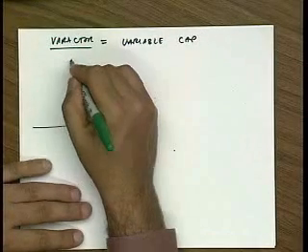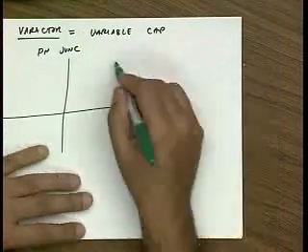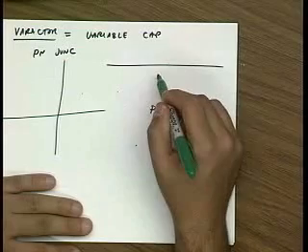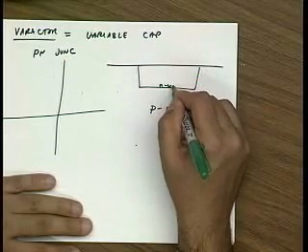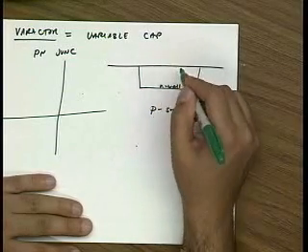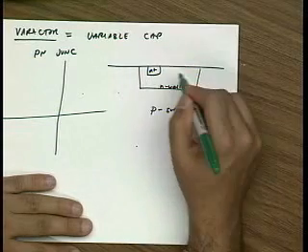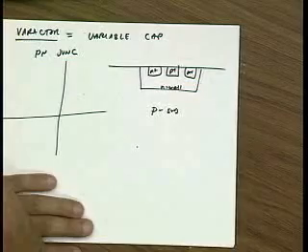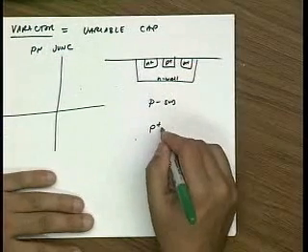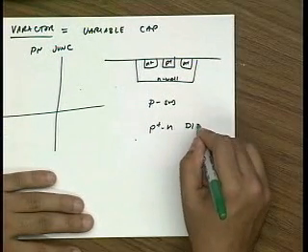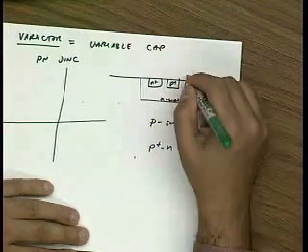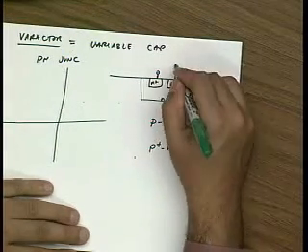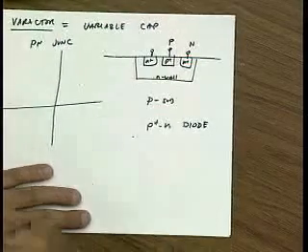In a typical process, let's say you have a P substrate, you would have an N well, and you would introduce N plus junctions and a P plus junction here. So you would have a P plus N diode. This is the P terminal, this is the N terminal.